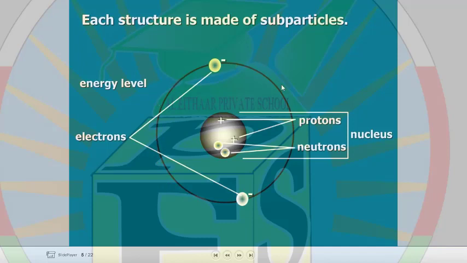They are moving inside the energy levels. Who? Electrons. So now you know the positions of electrons, neutrons and protons. Electrons are revolving around the orbits or energy levels. Protons and neutrons are present inside the nucleus. As I told you, protons have positive charge, neutrons have no charge, and electrons have negative charge.